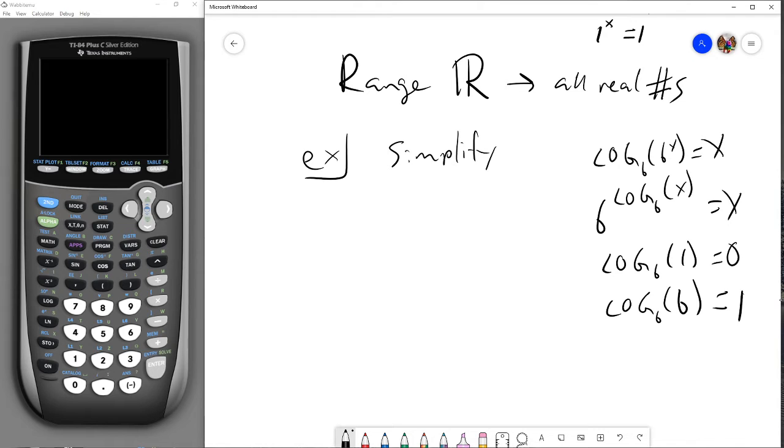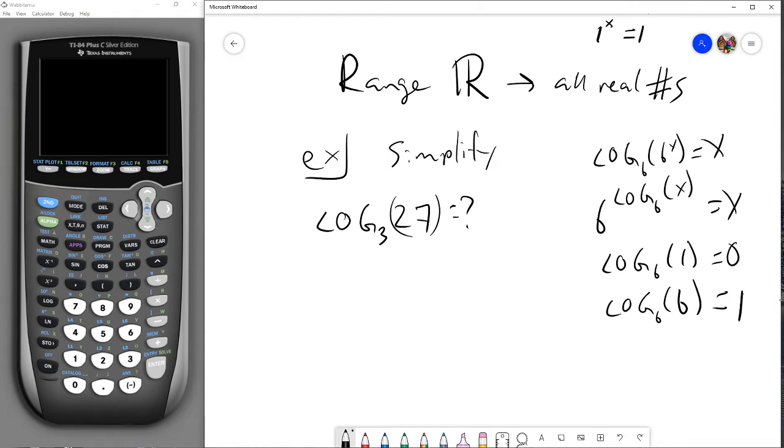So let's see here. If we have log base 3 of 27, what does that equal? Well, if we think about the number 27, it's divisible by 3.